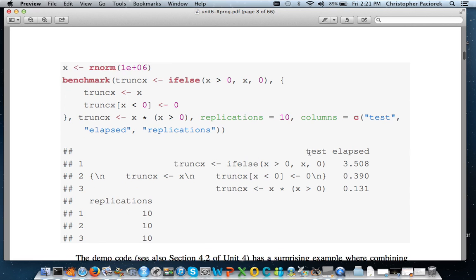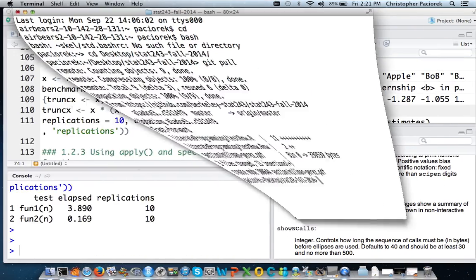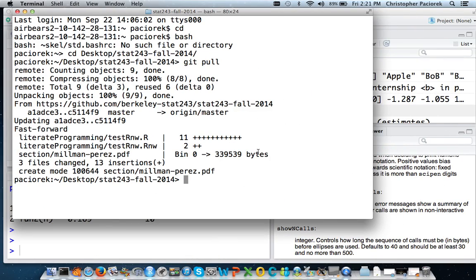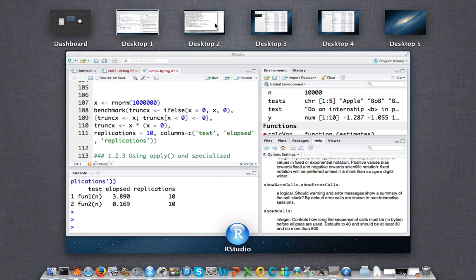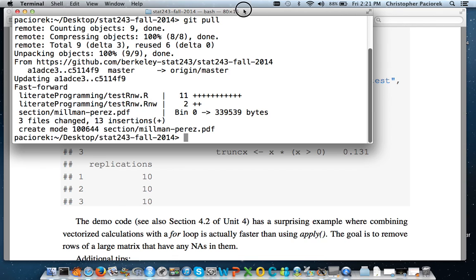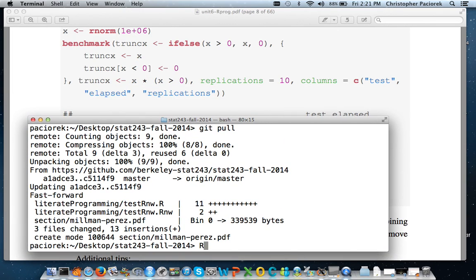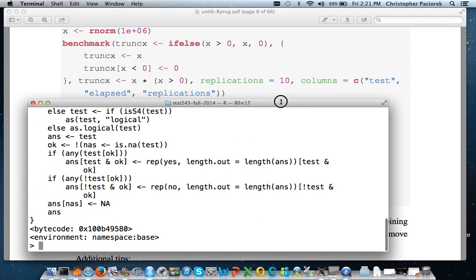So what I want you to do is take a second and look at this, see if you can figure out exactly what's going on here and why that does the same thing as the other 2 lines of code. And then I'm also going to throw up the code for if-else and see if you can see why it is so slow. So let's see if I can get all this on the same screen. Okay, so those are the 3 contrasting ways of doing it.